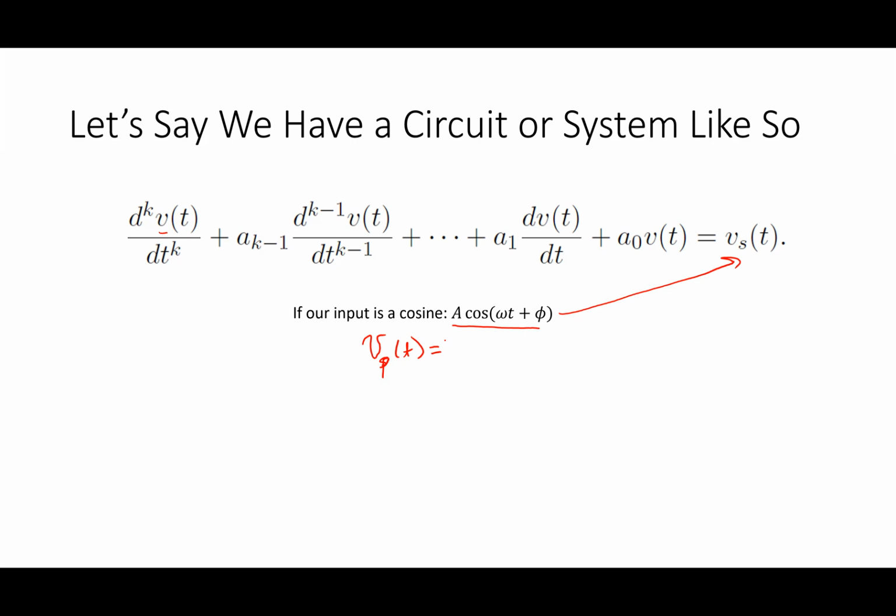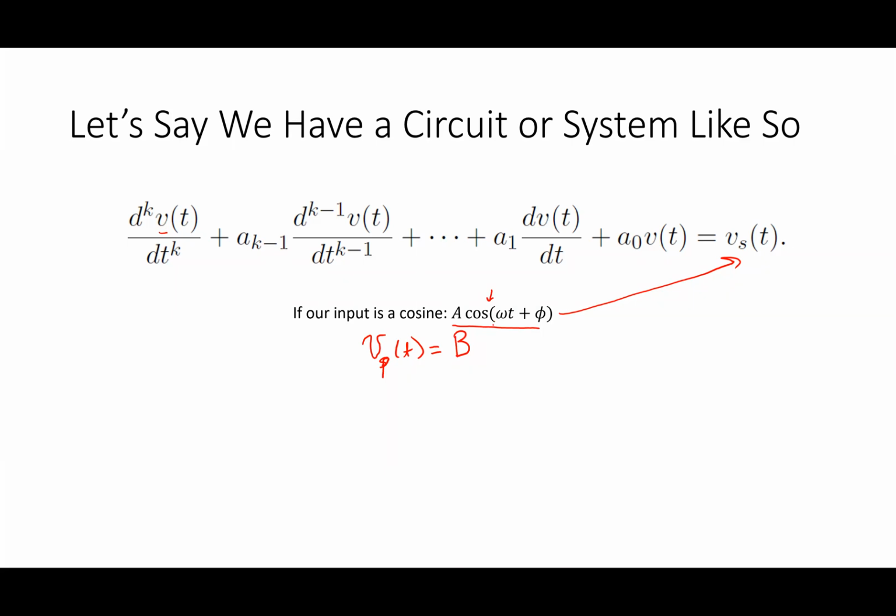Would you just transform it to complex? I could, and that's what I want to do. But in general, this guy is going to have a different amplitude. Let's say B. If a cosine is the input, what's the output going to be?